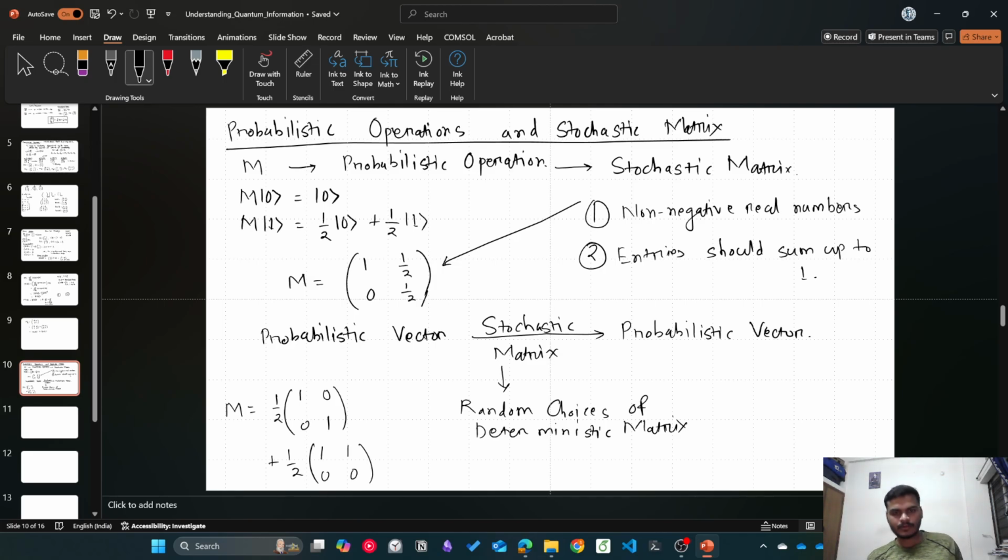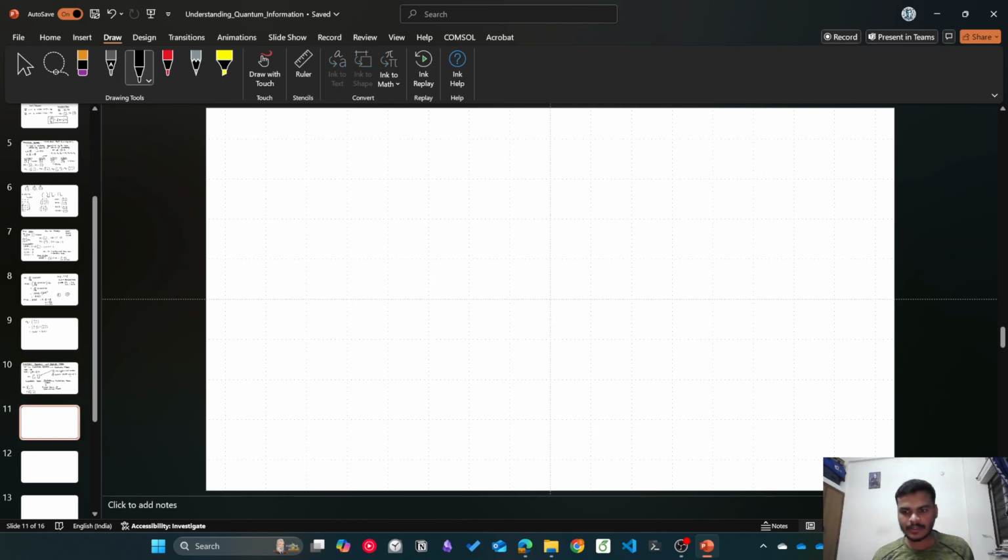Okay, next we'll discuss another concept related to stochastic probabilistic operation, which is called composition. So let's say we have a classical state X, and capital sigma is the set of possible classical states.